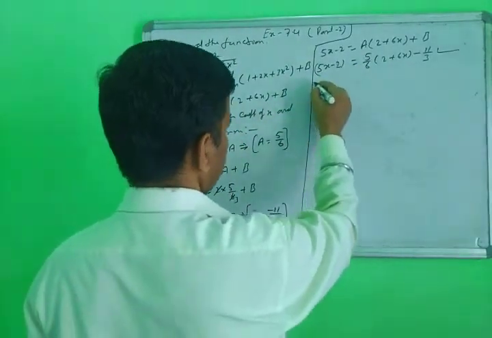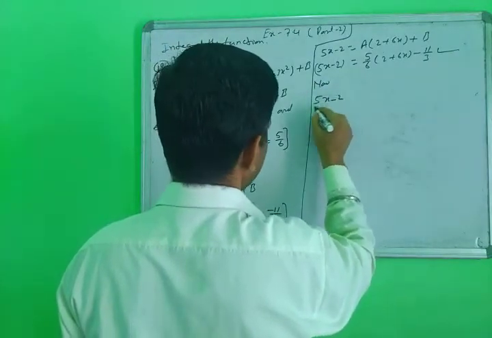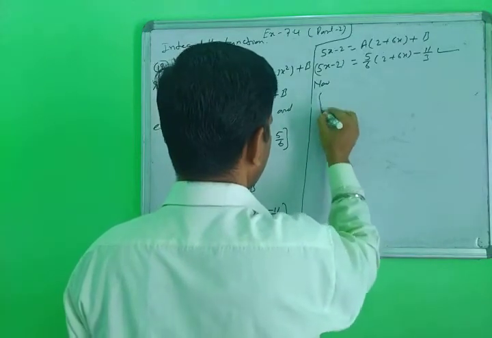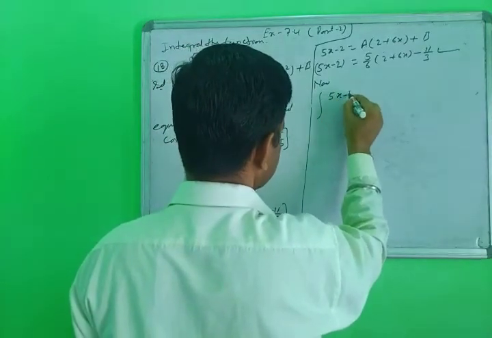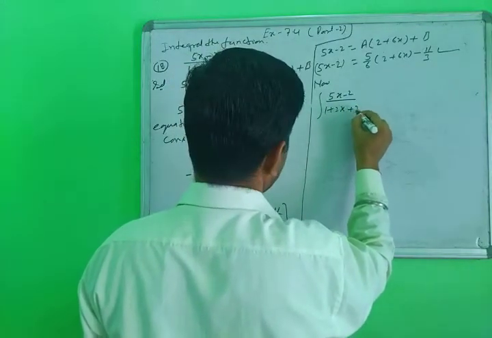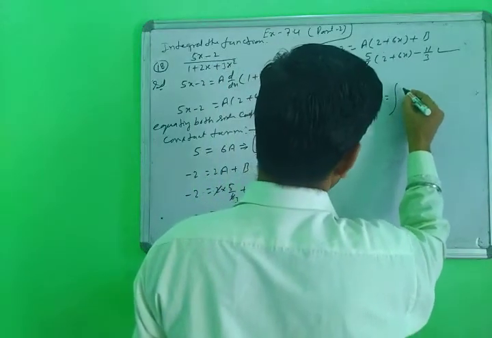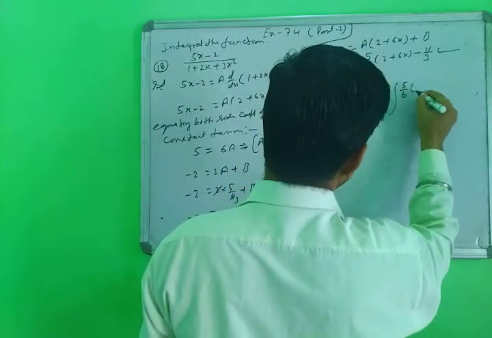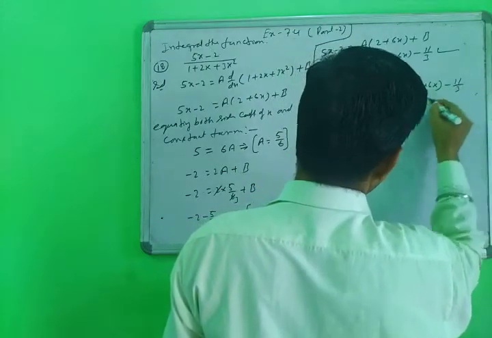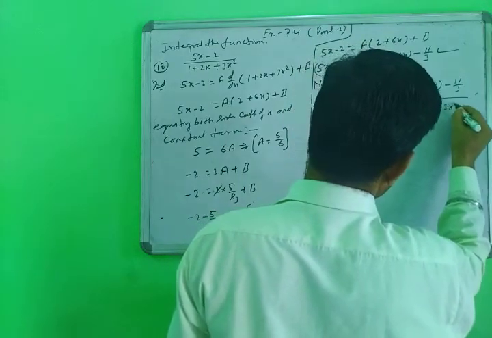So now the integration of 5x minus 2 upon 1 plus 2x plus 3x square dx means the integration of 5 upon 6 times 2 plus 6x, minus 11 upon 3, over 1 plus 2x plus 3x square dx.